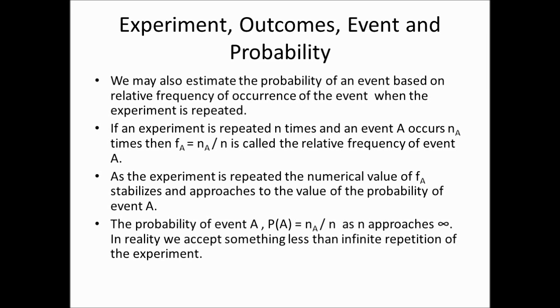In reality, we accept something less than infinite repetition of the experiment. As the experiment is performed many times, this ratio converges to a value which you define as the probability of that particular event.